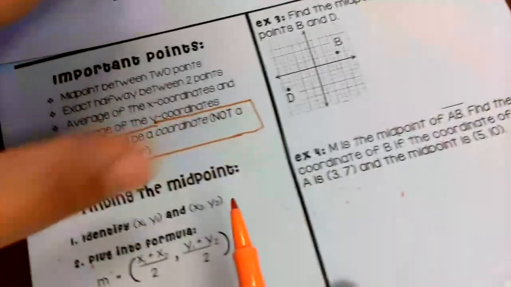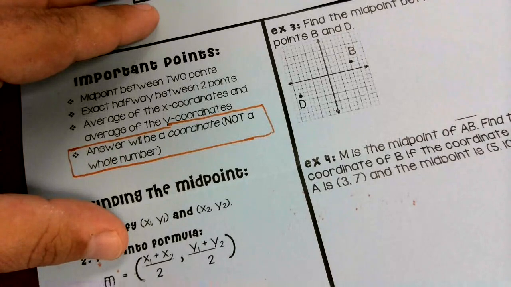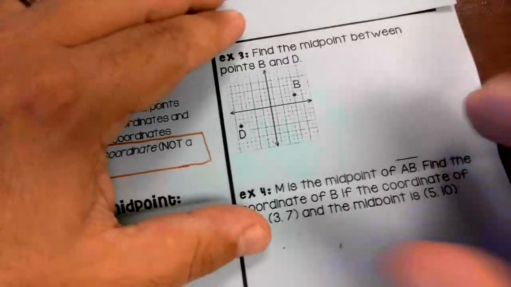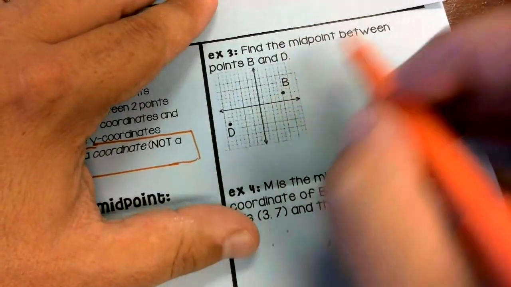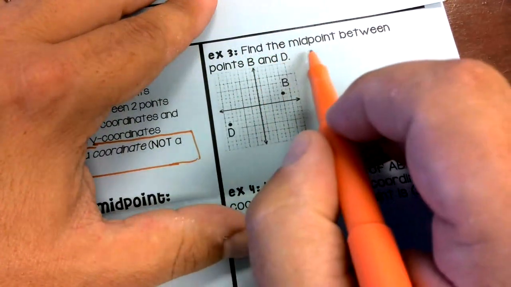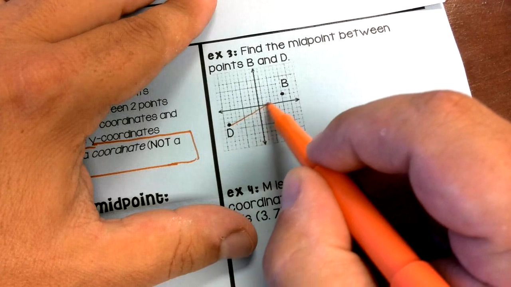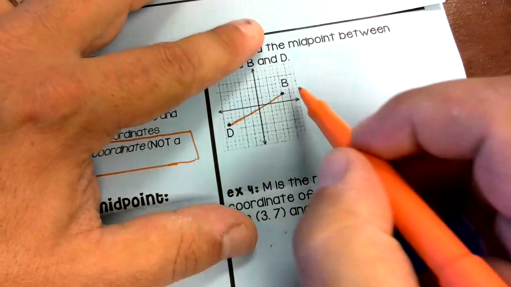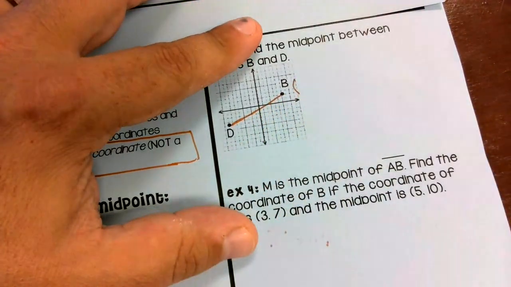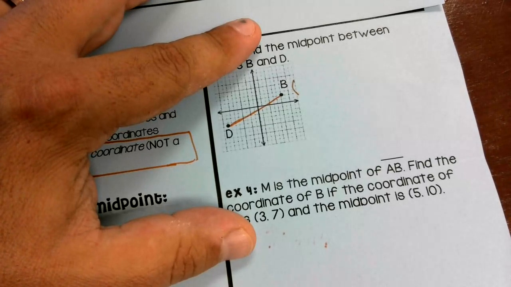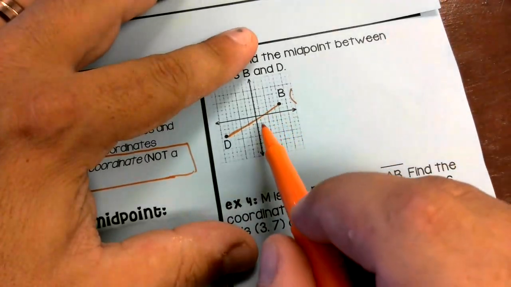So what we do here, and this is just kind of going through talking about what it is and giving the formula again. So here, we want to find the midpoint. So I'm finding the point that's halfway in between these two. It's going to be best if I can go through and find the coordinates first.